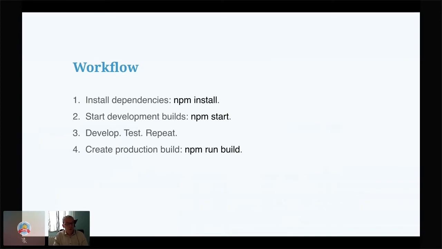I probably should mention that those scripts under the hood use highly popular tools like Webpack and Babel, but those are implementation details, and when you are using WordPress Scripts, you shouldn't be worried about it. For instance, Webpack might be replaced with something else in the future. It all depends on how the ecosystem evolves.